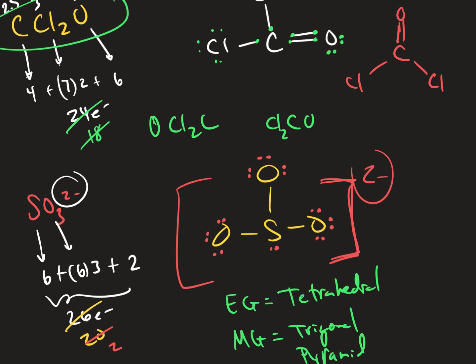Any others before I turn you loose on this? Am I reading it wrong, or does sulfur only have 5 right there? Oh, you mean right here, 1, 2, 3, 4, 5? Yeah, you're right, it does.